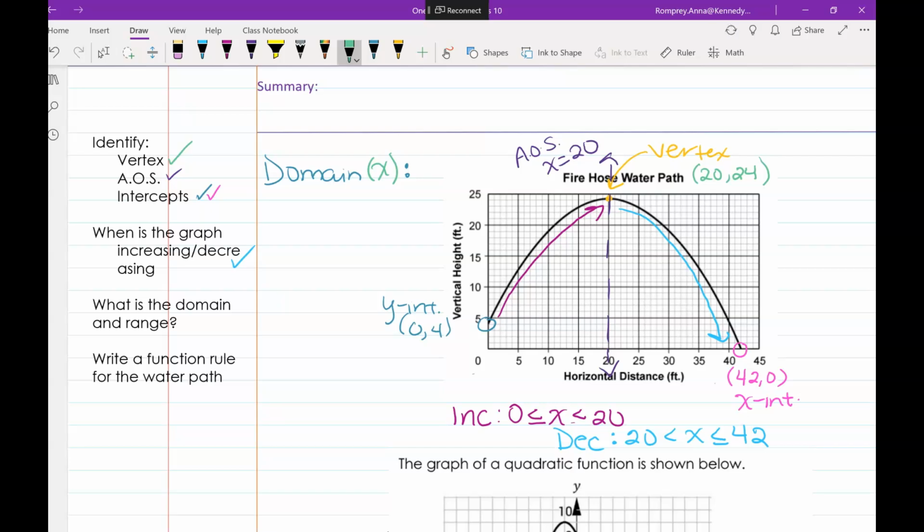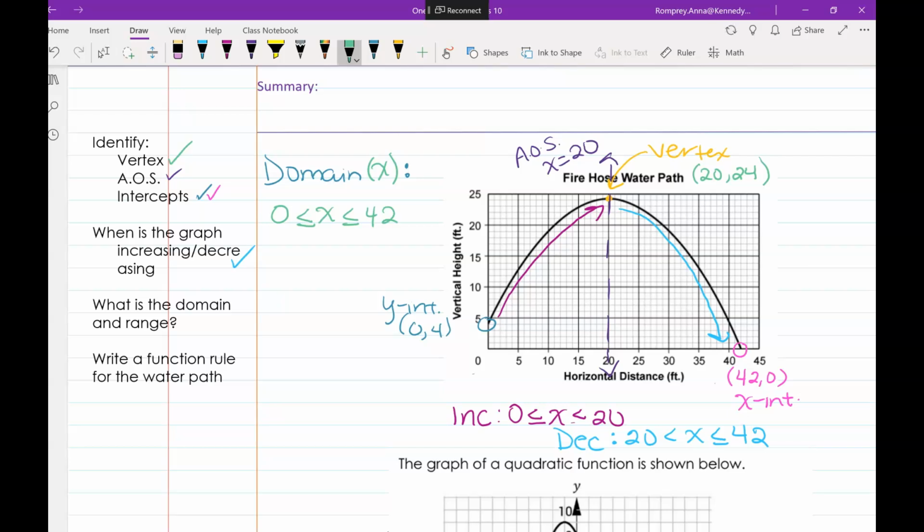And then what's the maximum x? Well, how far does the water path go? 42 feet. So x is between 0 and 42. Is this inclusive? Sure. It starts at 0 and stops at 42. We're not sharing it with anybody.